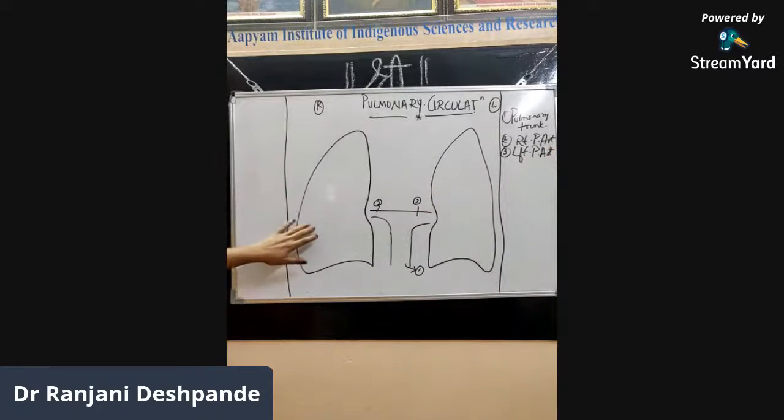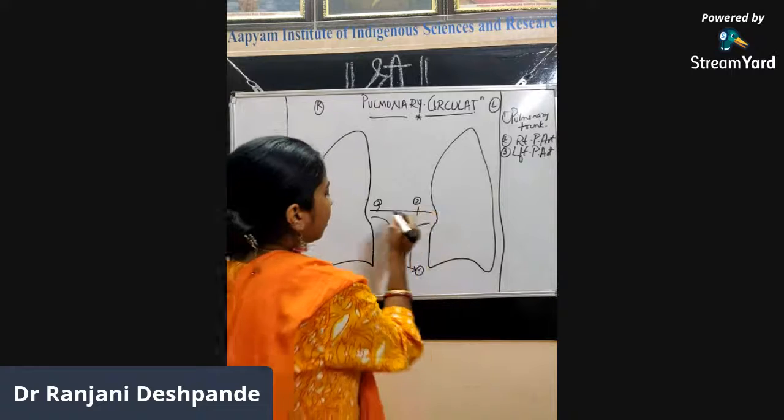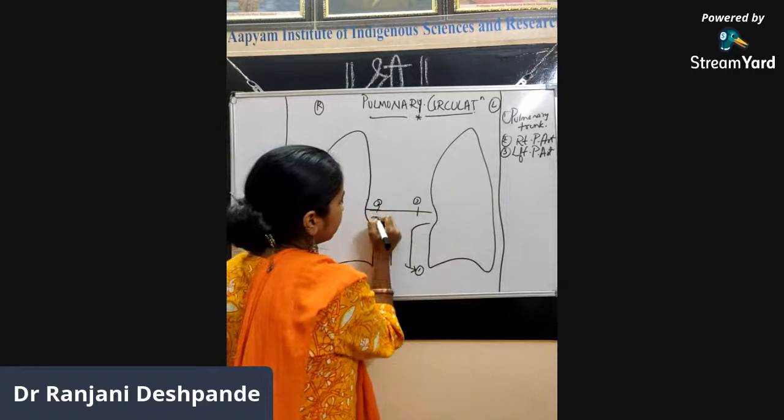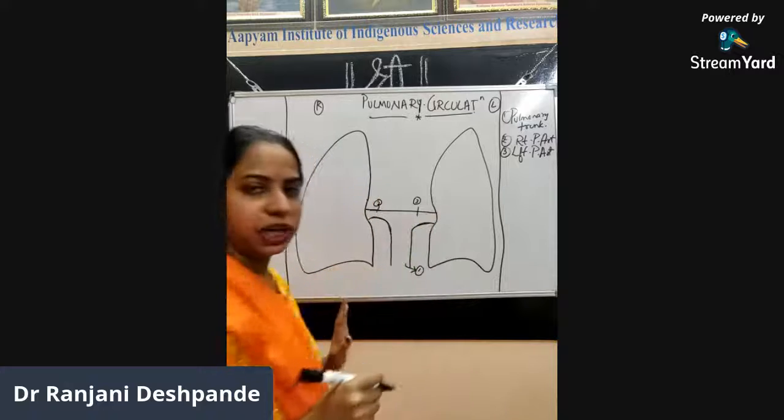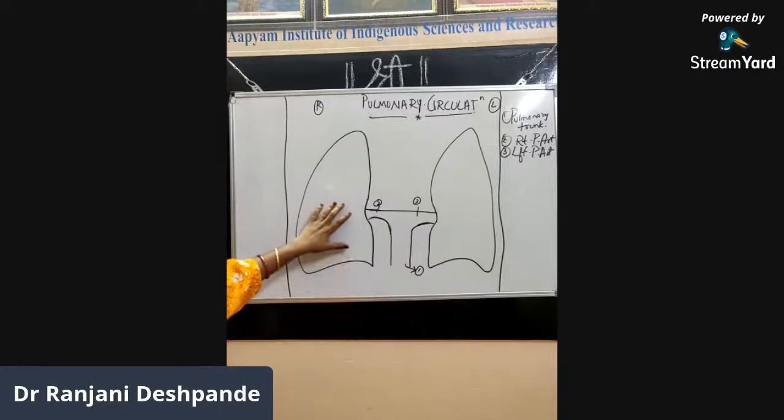Okay. So it's very obvious that this is the right lung and this is the left lung. Now the right and the left pulmonary arteries are going to enter the lung.